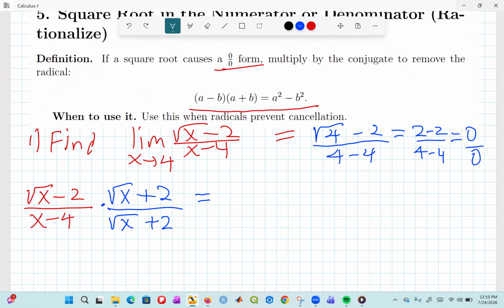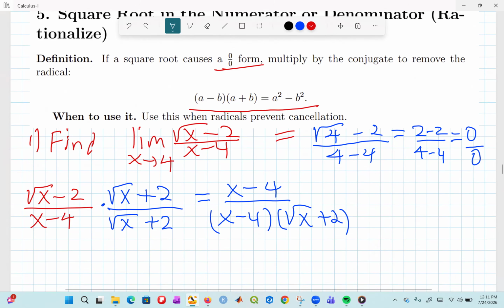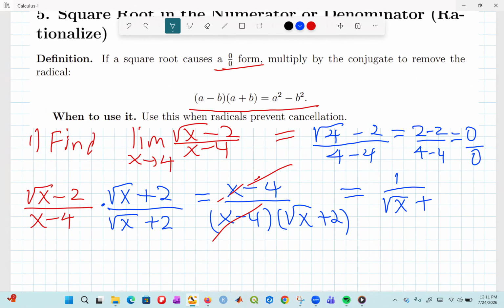This gives us x minus 4 over x minus 4 times square root of x plus 2. Since we have x minus 4 over x minus 4, this becomes 1 over square root of x plus 2. Therefore, substitute x equal to 4.